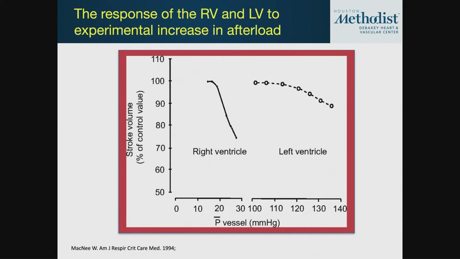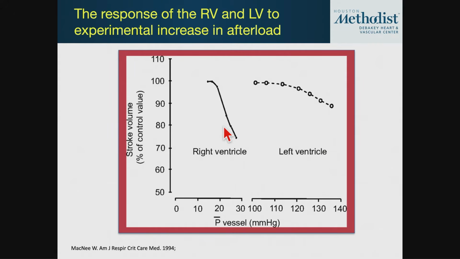Okay, what's the response of the LV and RV to experimental increases in loading condition? And this really shows you that if you look at the stroke volume as a percentage of what the normal stroke volume would be, if you increase afterload for the left ventricle, you get a small reduction in stroke volume. Look at the same relationship for the right ventricle.